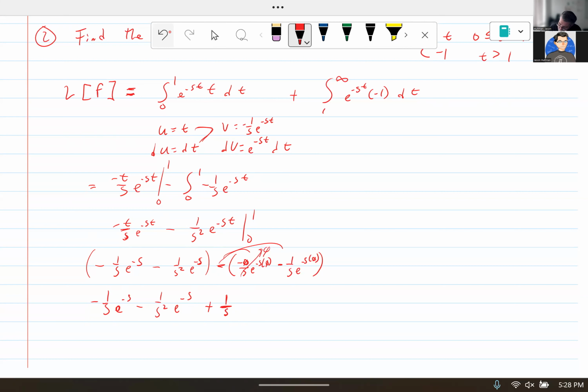Let's do the second portion, which is a little bit easier of an integral. This just becomes negative 1 times 1 over negative s, e to the negative st, evaluated from 1 to infinity.